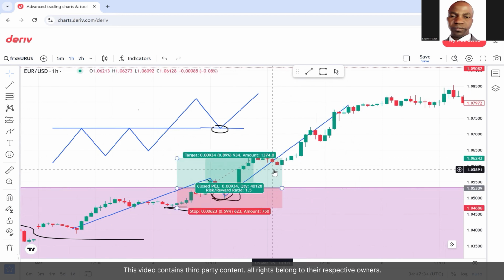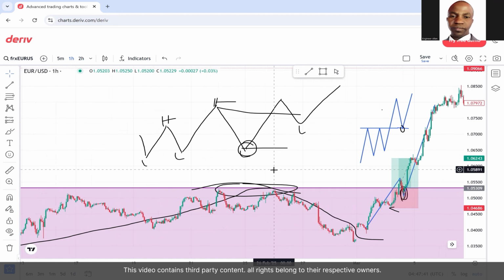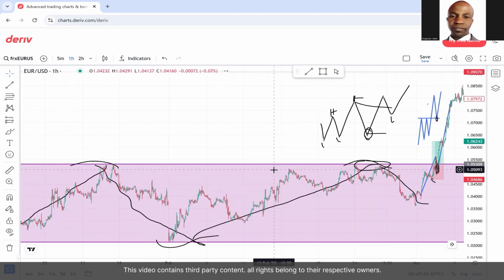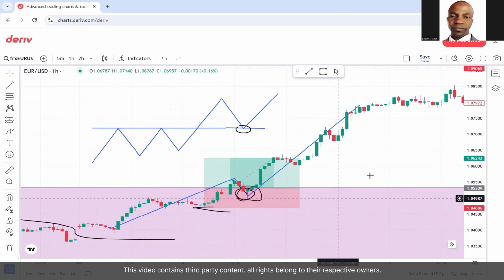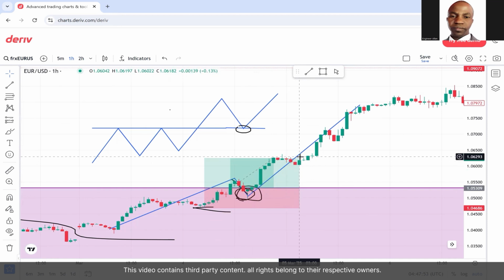That's the first way to go about our take profit. The second one is to trail your profits. So when you enter two positions, make an entry after the retest. The first TP should be at the price level of 1.06313.